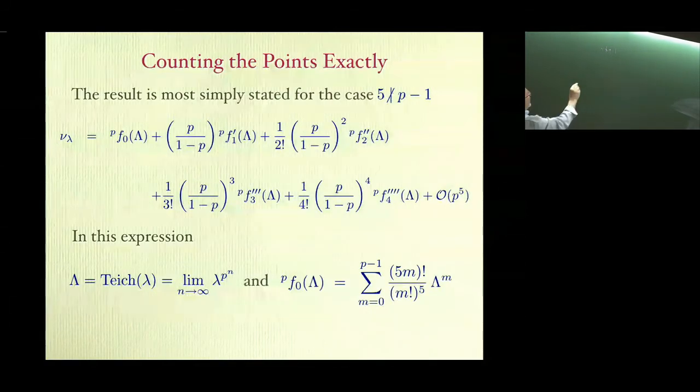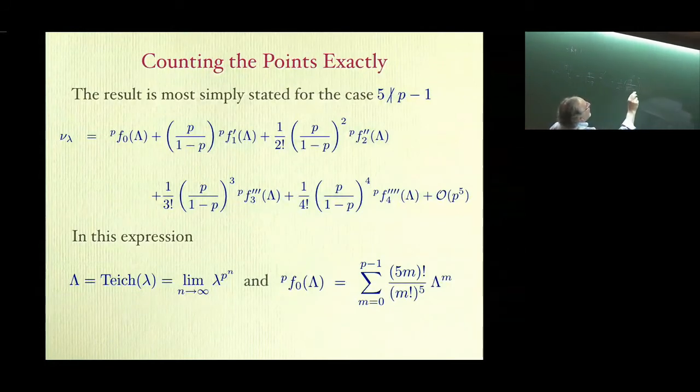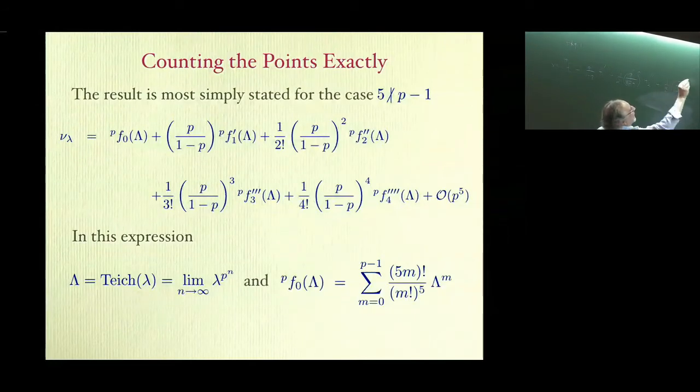And then what you find is that this number is the fundamental period to p terms, plus p over 1 minus p times f1 prime, plus 1 over 2 factorial f2 double prime, squared, plus 1 over 3 factorial, 1 minus p cubed. You're beginning to see a pattern here.